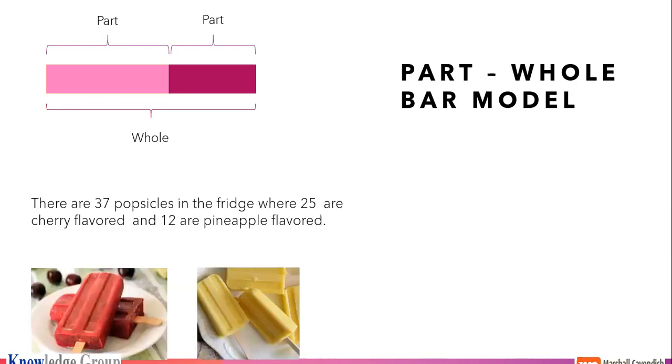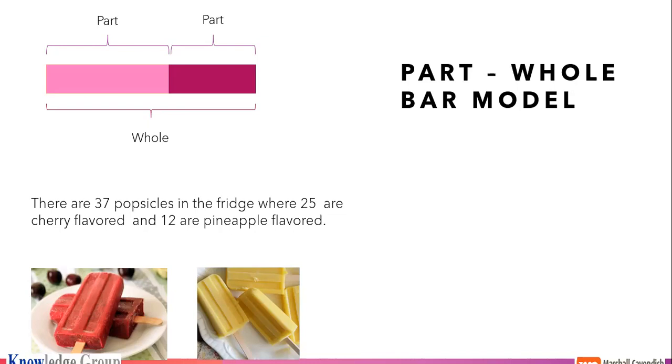This is not a problem. This is a statement. If you check, there's no question in here. There are 37 popsicles in the fridge. Okay, 37. Are there more than 37? No. There are exactly 37 popsicles in the fridge. But they're not all the same.